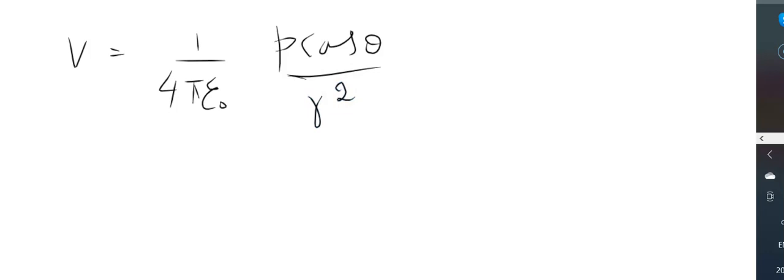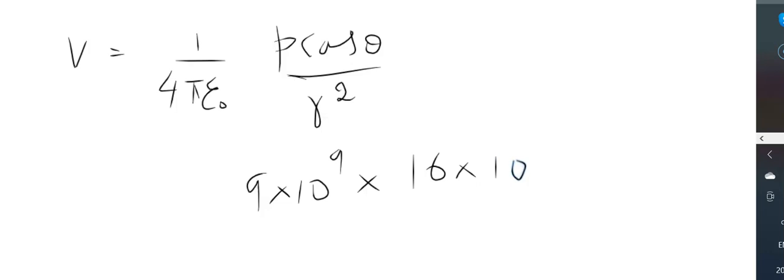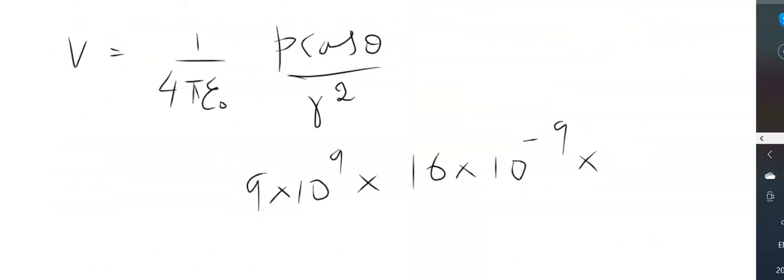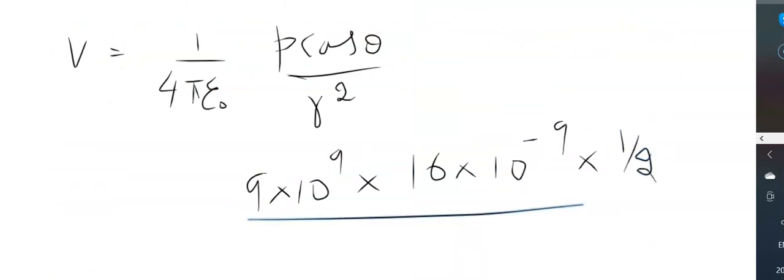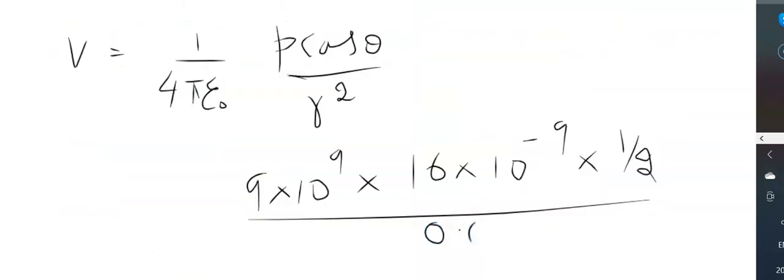Given the value of 1 by 4 pi epsilon 0 is 9 into 10 to the power of 9, and the moment is given as 16 into 10 to the power of minus 9, and cos theta, theta is given as 60 degrees. We all know cos 60 is half, so half divided by r, which is given as 0.6 meters. It is given in meters, so no conversion is needed, so 0.6 the whole square.